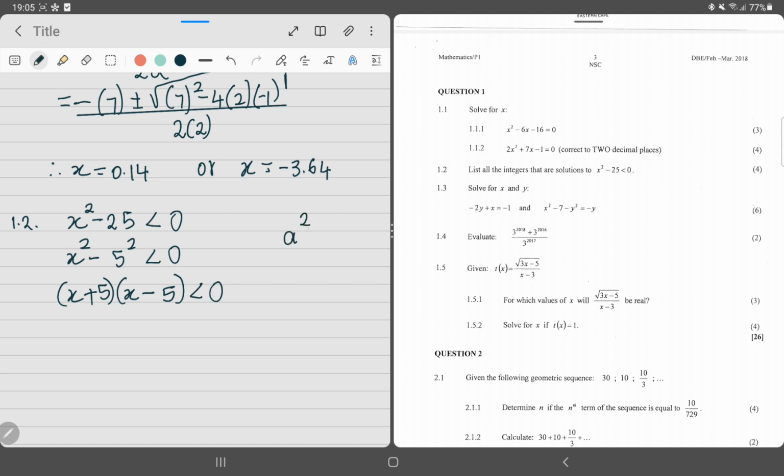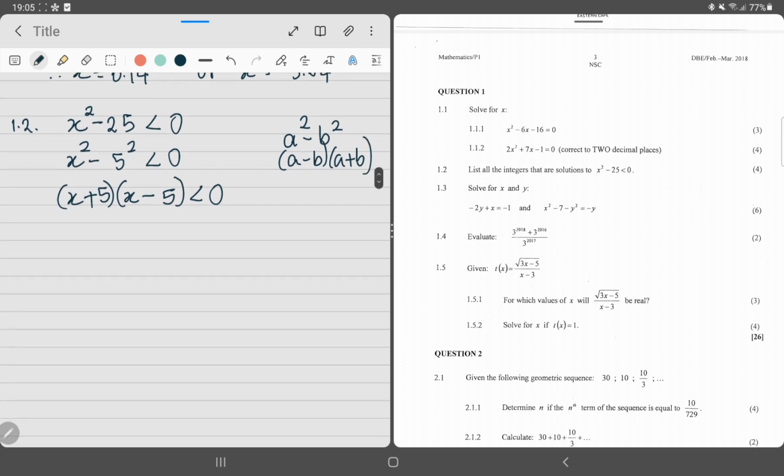Whenever you have a squared minus b squared, this gives you the difference of 2 squares. So the critical values will be x equals negative 5 and x equals 5.